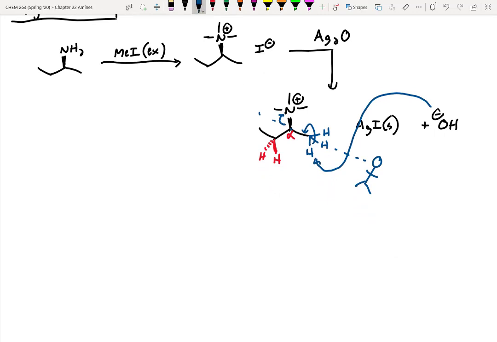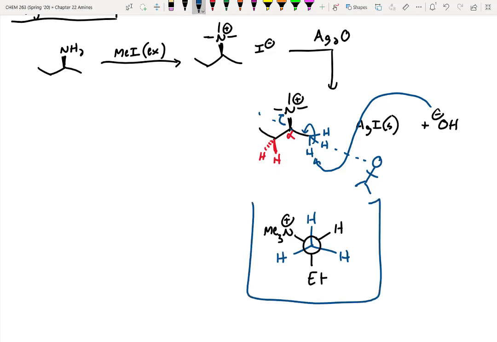The front carbon has all three hydrogens coming off of it, and then the back carbon will have that nitrogen group off to the left, a hydrogen over here, and an ethyl group underneath. This is the conformation that we know is likely to take place. Well, let's compare it to this view.